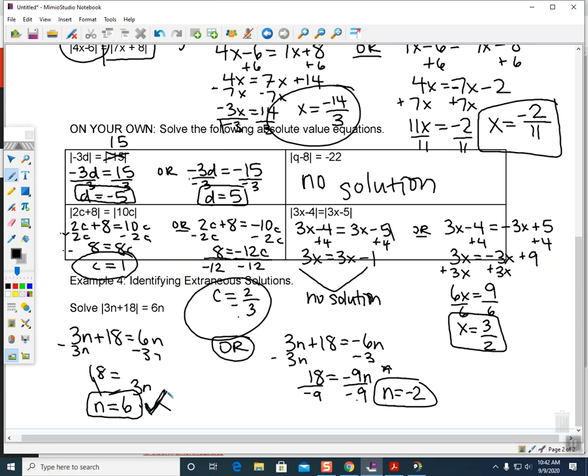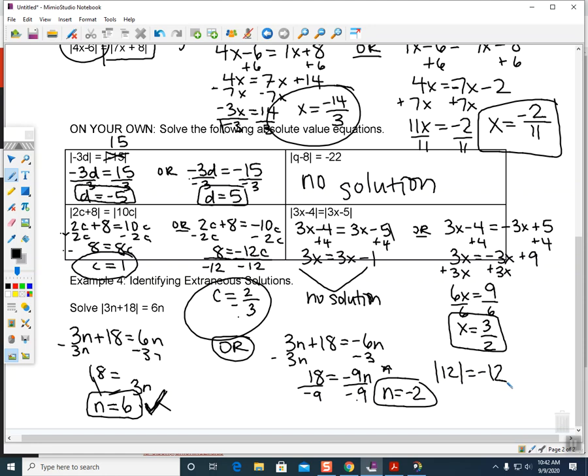Negative 2. Negative 2 times 3 is negative 6. Negative 6 plus 18 is 12. The absolute value of 12 is a positive 12, right? 6 times negative 2 is a negative 12. So I've got the absolute value of 12 equals negative 12.